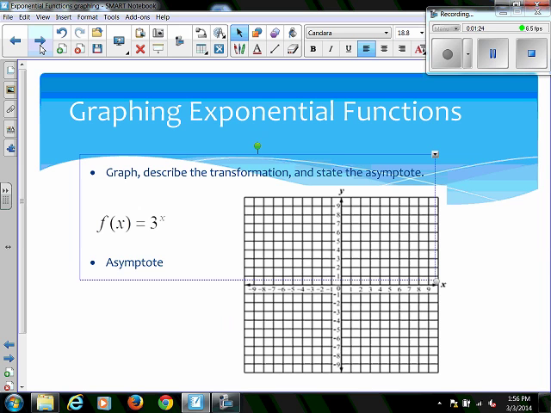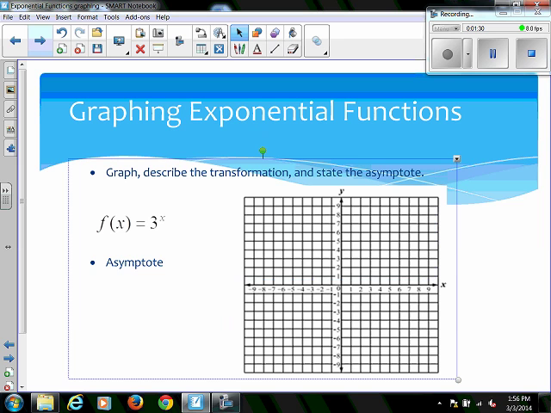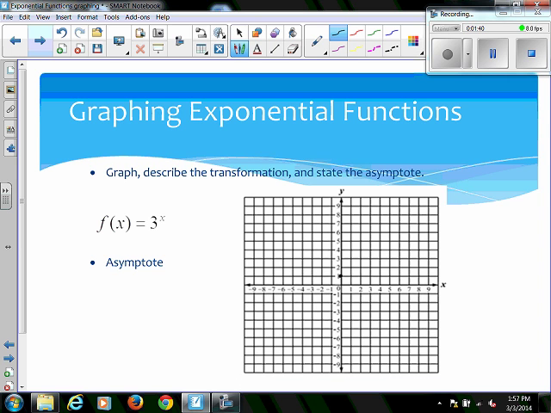So, let's graph this function, describe the transformation, and state the asymptotes. We have 3^x, so I want to plot my 3 points. (0, 1), (1, b), so (1, 3). b here is 3.